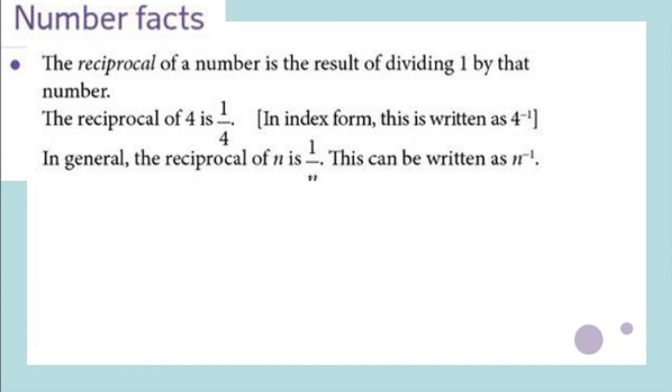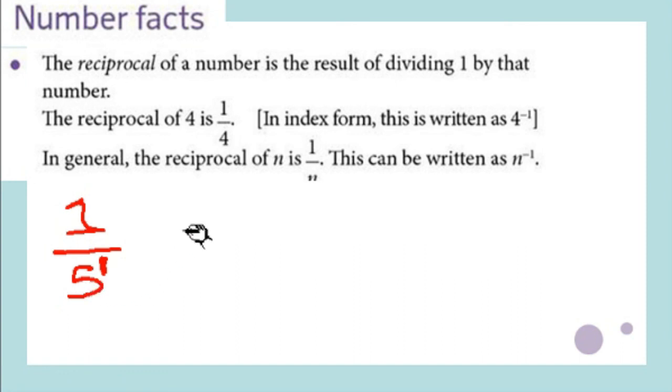Okay? The reciprocal of a number is the result of dividing 1 by that number. I didn't understand, Mister. Again. 1 over 5. I told you this 5 is power 1. Right, I just said it. The 5 here is power 1, it means I have only one 5 here.